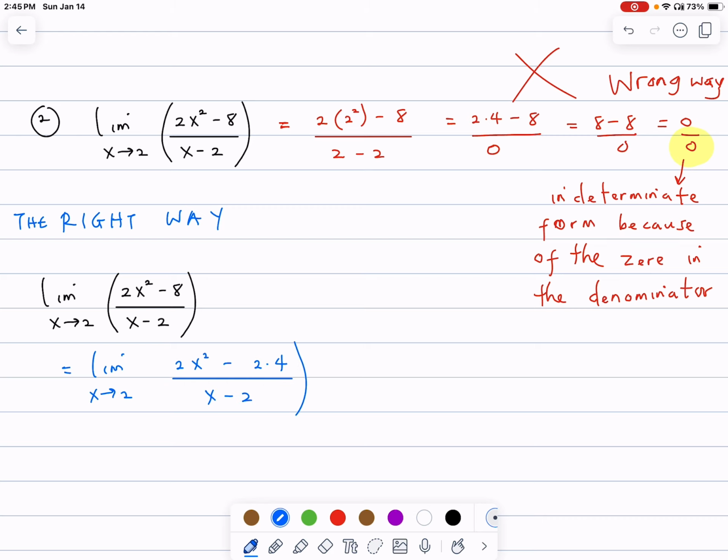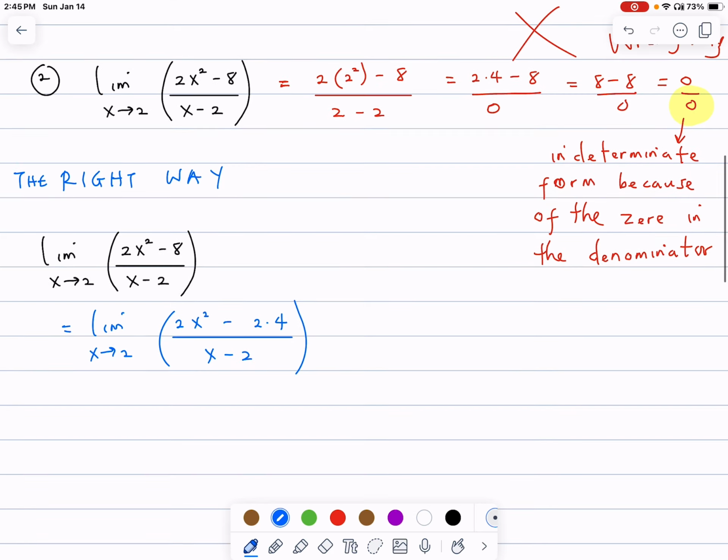Now, if you look at the numerator, 2 is common to both terms in the numerator. If you look here, there's a 2 there. If you look here, there's a 2 there. So I can factor out the 2.